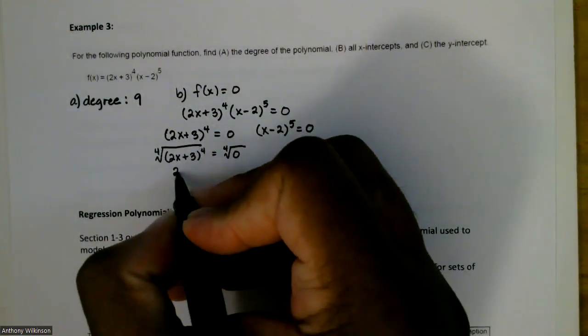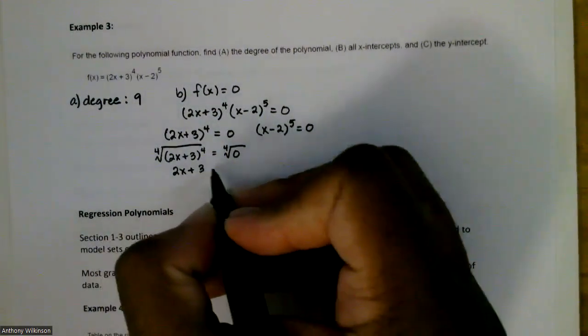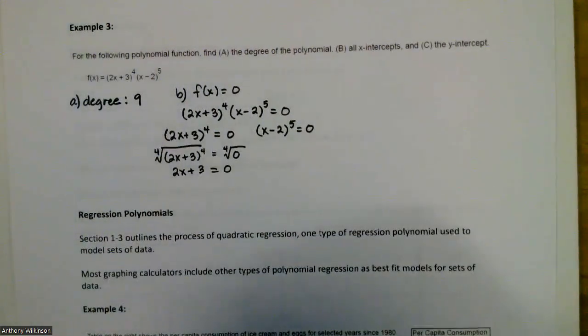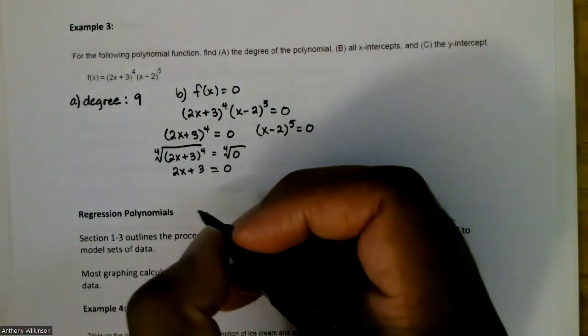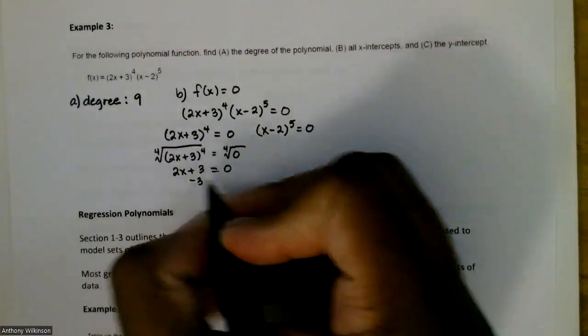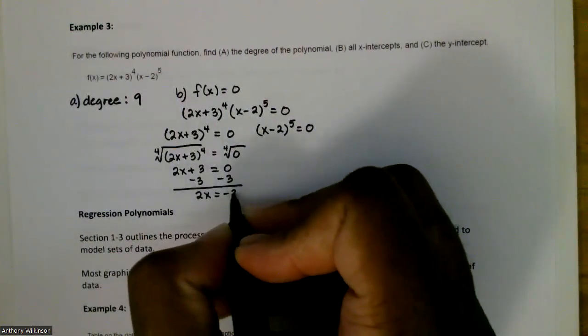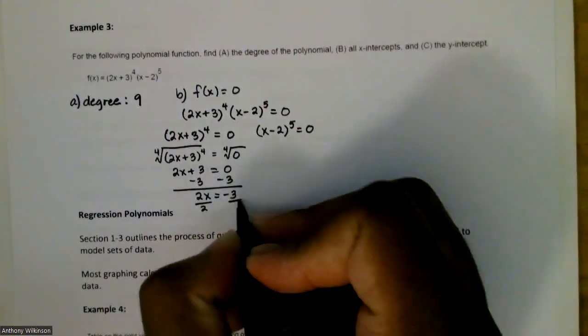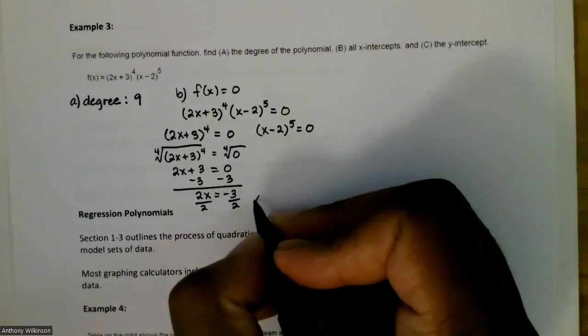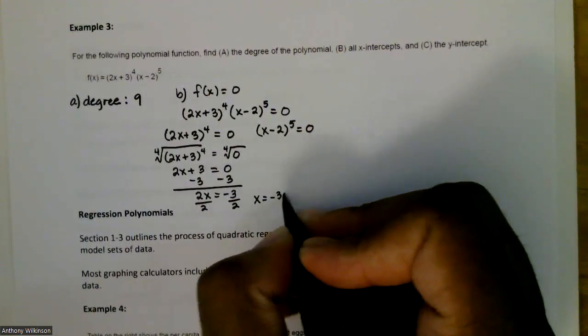So that means I'll be left with 2x plus 3 on this side equal to 0. And then to solve for x, we subtract 3 on both sides. That would give us 2x is equal to negative 3. Divide both sides by 2. You'll get x is equal to negative 3/2.